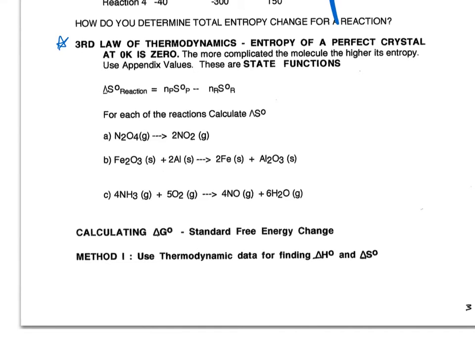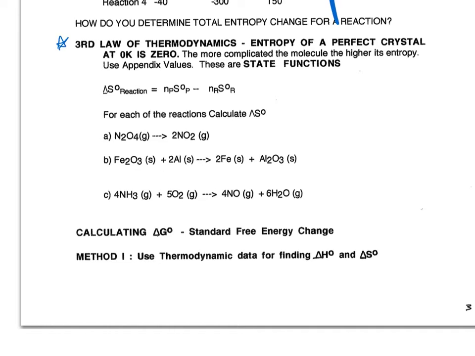For the concept of entropy, we are going to assume that the entropy of a perfect crystal at 0 degrees Kelvin is 0. So that's the standard by which we are going to measure the entropy and the randomness of everything else. So we start with this assumption, first of all, that we can get a substance at absolute 0.